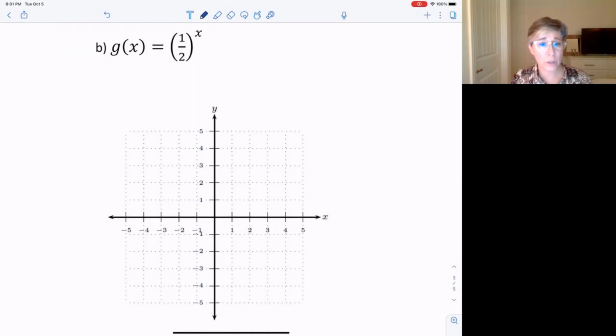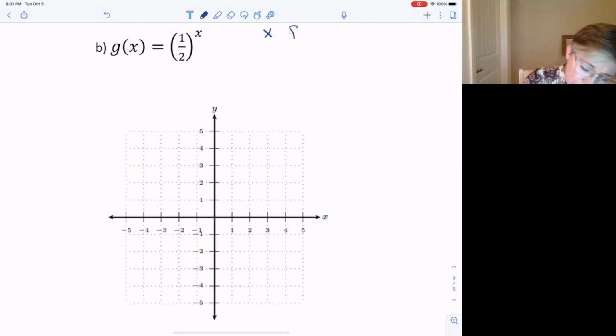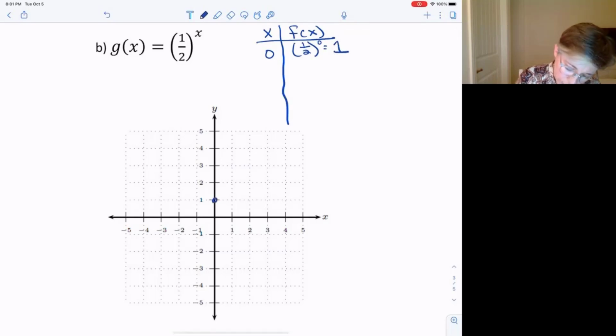So in this particular function where g of x equals 1/2 to the x, since our base is between 0 and 1, it means this is going to be a decreasing function. So again, if we plot some points with our table, we're going to plug in 0 again. So again, 1/2 to the power of 0 still equals 1. So notice we still get that same point of 0, 1. If we plug in 1 for our x, we get 1/2 to the power of 1, which is 1/2.